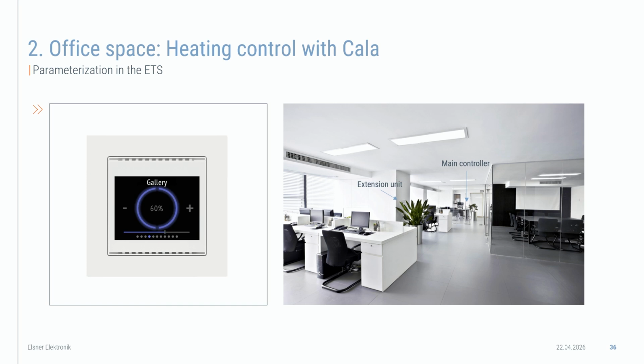And for this, we want to use an extension unit. One of the devices that we are showing here as an example is this Kala Touch. This unit will be an extension to the main control, the ETR, and it will serve the same purpose for controlling our actuator.